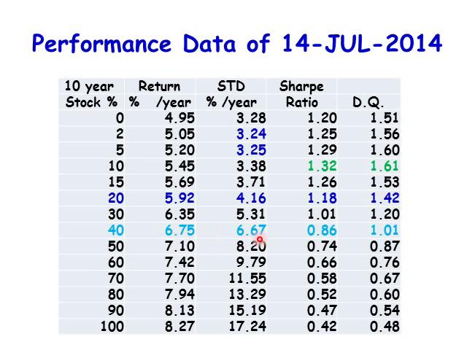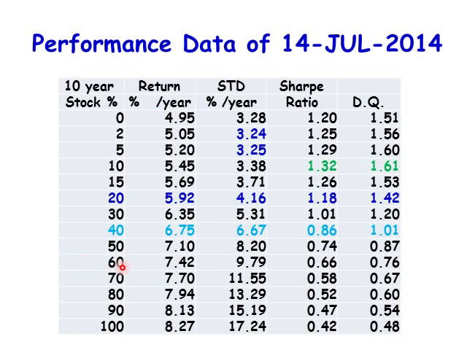Returns and standard deviation are about equal, with the return being higher, and at 100% stocks the standard deviation is twice as much, while the return is even higher than twice as much. So you'll have to figure out what you're comfortable with. Standard deviation is bad, you want to reduce that, and returns are good, you want to increase that.